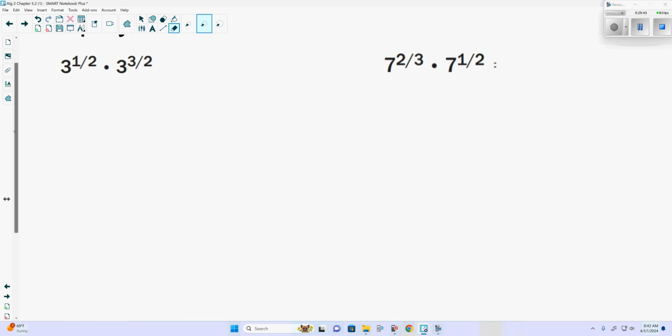3 to the 1/2 times 3 to the 3/2. If we multiply like bases, we add the exponents.